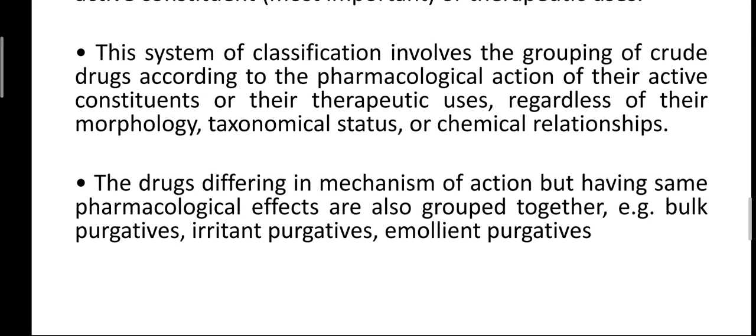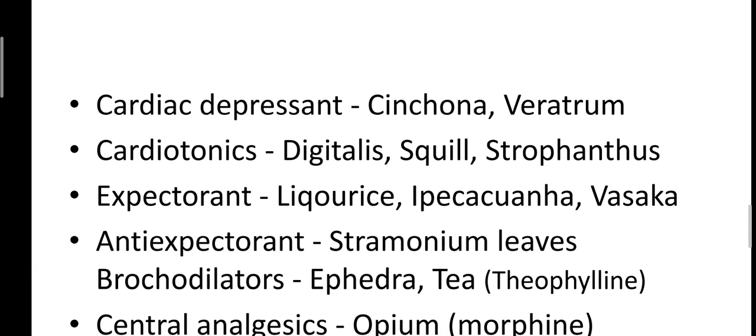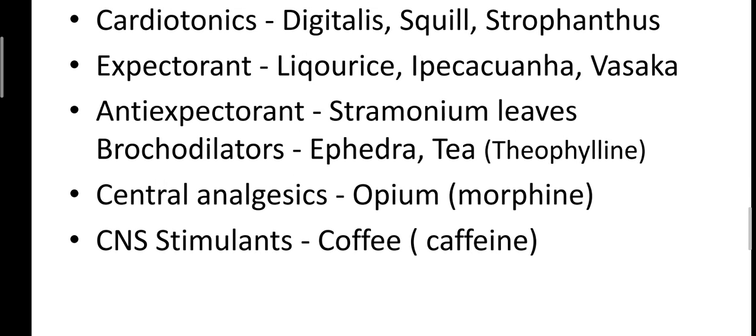These are the pharmacological classification. Like cardiac depressants: Cinchona, veratrum; cardiotonics: digitalis, squill, strophanthus; expectorants: liquorice, ipecac, vasaka; anti-expectorant: stramonium leaves; bronchodilators: ephedra, theophylline; central analgesics: opium, morphine; CNS stimulants: coffee, caffeine.